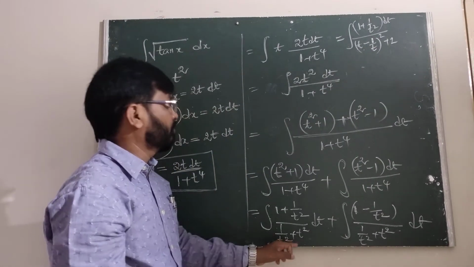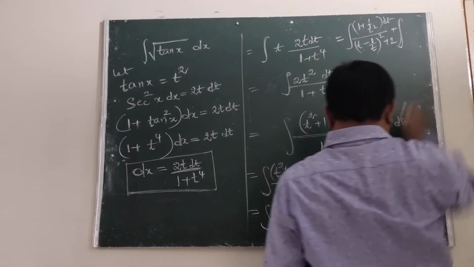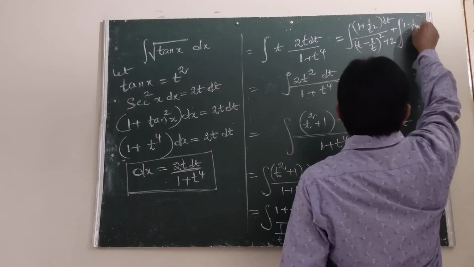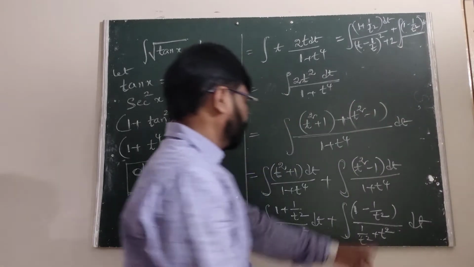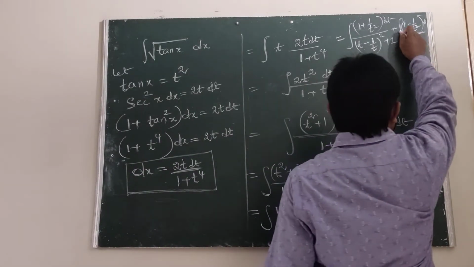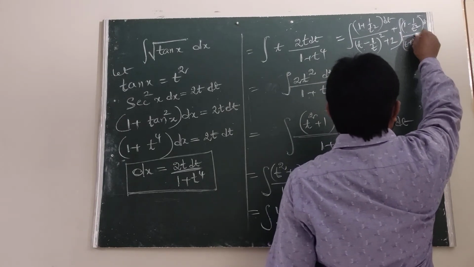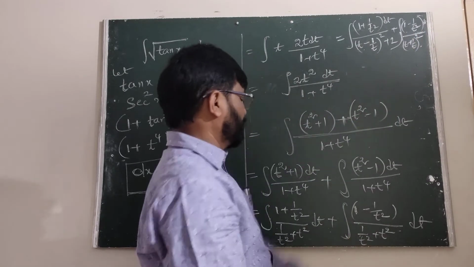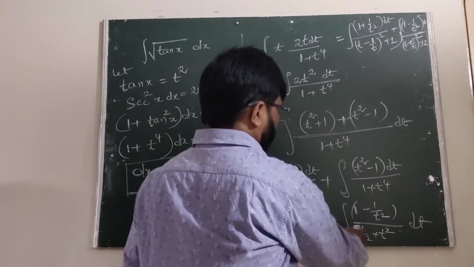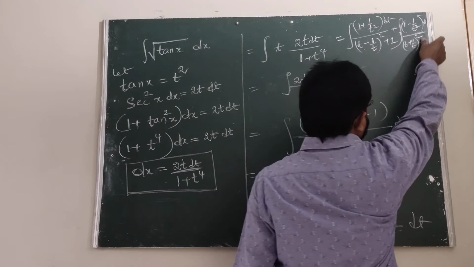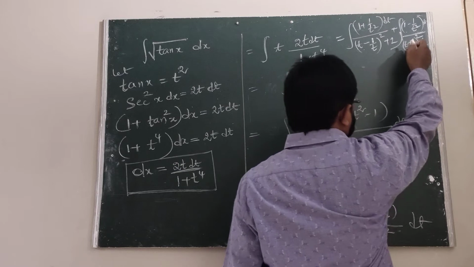Now the other integral we can write as 1 minus 1 by t square dt upon t plus 1 by t whole square. A square, b square, 2ab: 2ab is 2. Is it clear? A square plus b square gives a plus 2, therefore we are taking minus 2, and when we take minus 2, plus 2 and minus 2 are cancelled.